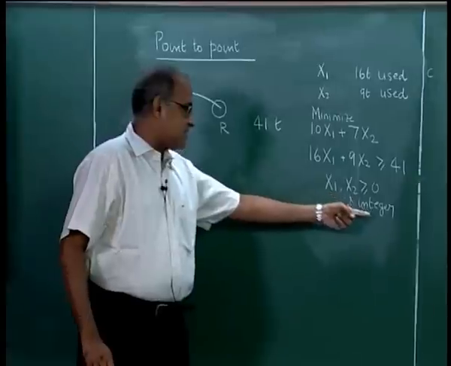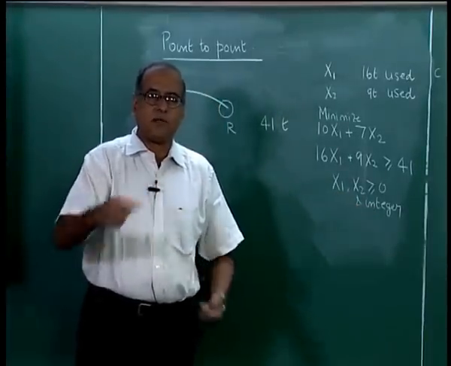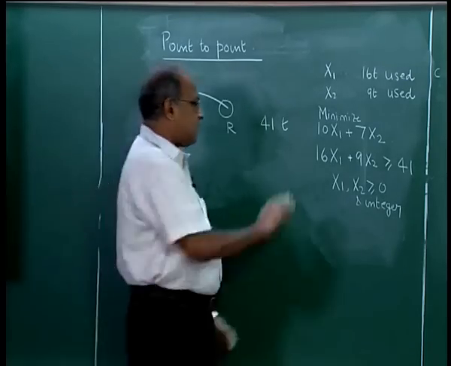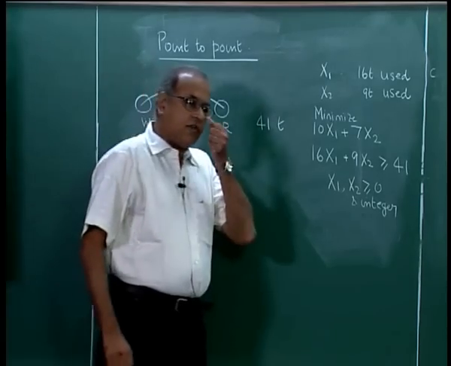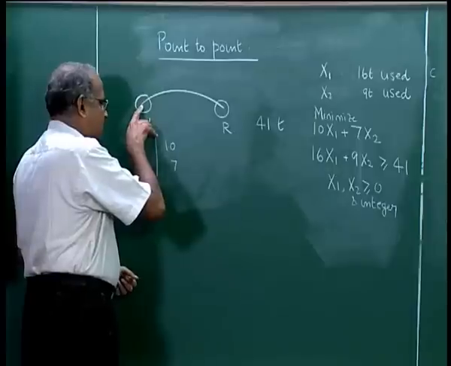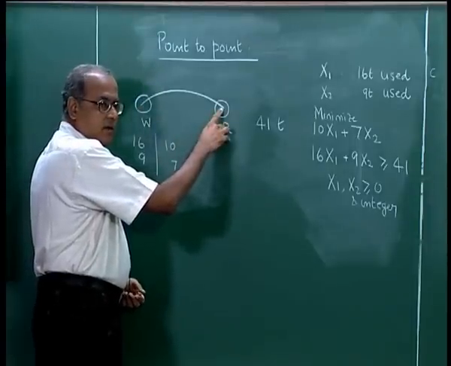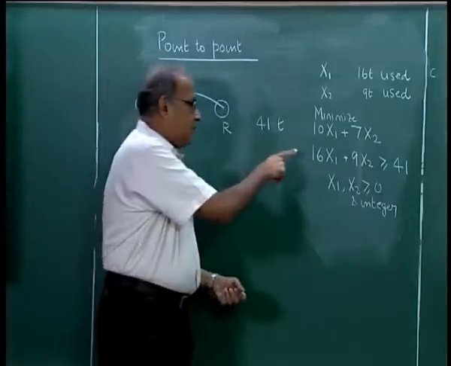Now, the integer is extremely important because we can only hire an integer number of trucks. So, it becomes a very simple linear integer programming problem, and if we are going to consider only point to point from one supply to one destination or one warehouse to one retailer, there is going to be only one constraint.